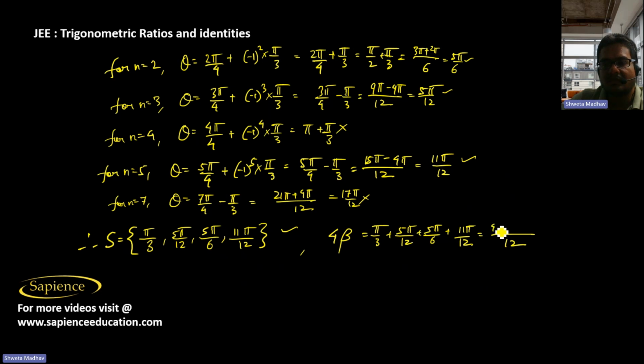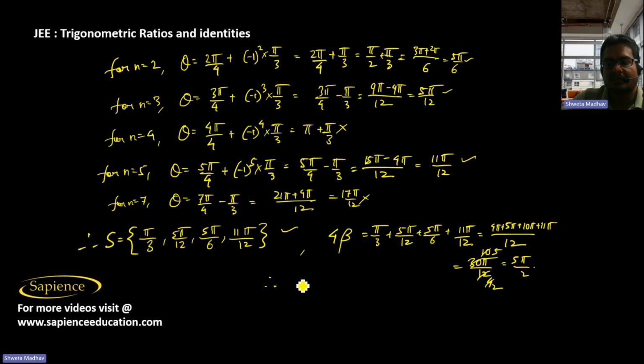So 4 3s are 12. So then 5 pi plus 6 2s are 12, 10 pi plus 11 pi. So this will be actually 9 plus 11, that is 20, so 30 pi by 12. So this will be 3 4s are 12, 3 10s are 30, 2 2s are 4, 2 5s are 10. So this is 5 pi by 2.